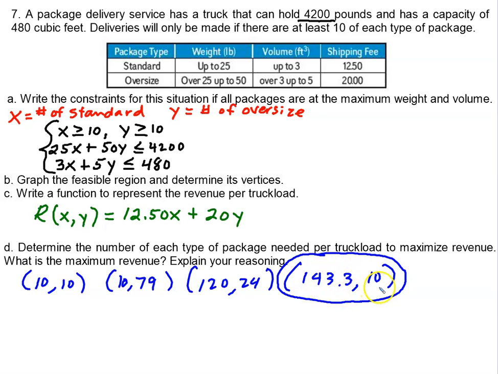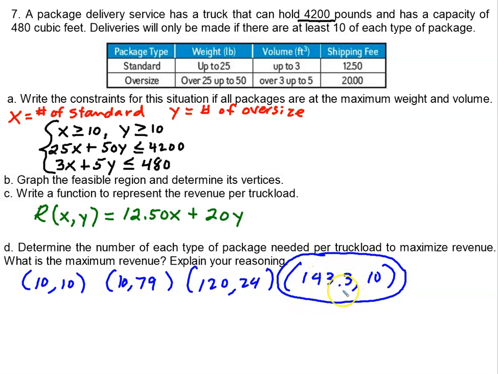Well, these represent number of packages delivered. Obviously, we can't deliver partial packages. So whenever you run into a situation like this, and the ordered pair that does accomplish the maximum or the minimum involves a decimal, please round it. And that just tells me that you understand the context of the problem.